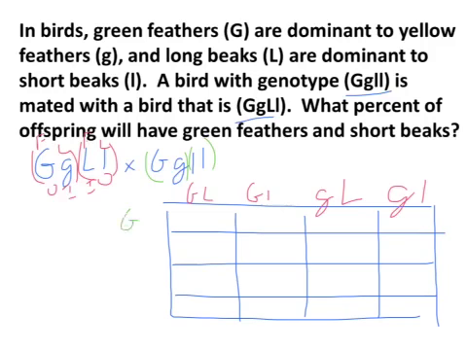And what you will notice is, since I only have little l to choose from, I'm going to have 2 possibilities of big G, little l, and 2 possibilities of little g, little l. I'm going to group those together, just like before, so I can cut down on the writing I'm doing in my box here. So when I'm filling in my box, that'll be the same.